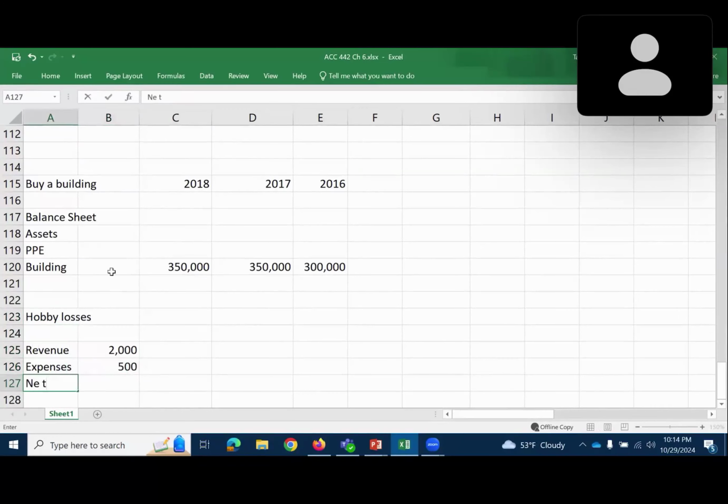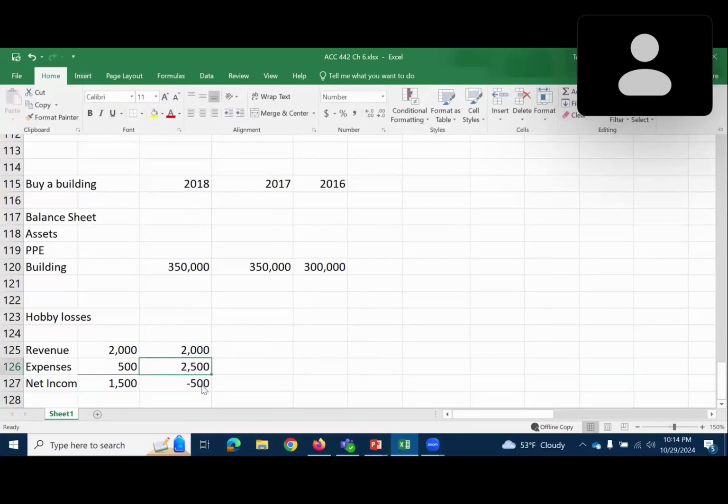So my net income equals 2,000 minus 500. You are going to record that income on your tax return. Well, in the next year, you had $2,000 of revenue and you had $2,500 of expenses. So you have a loss of $500. You cannot deduct that loss.